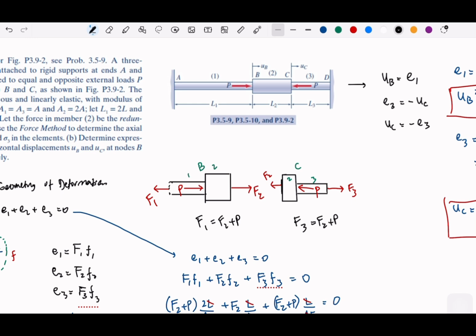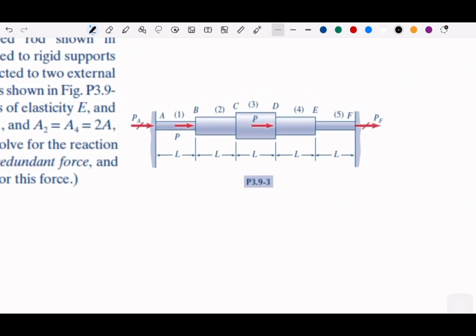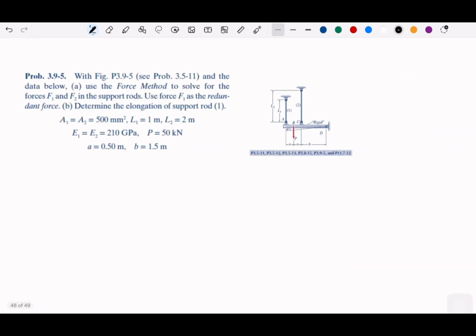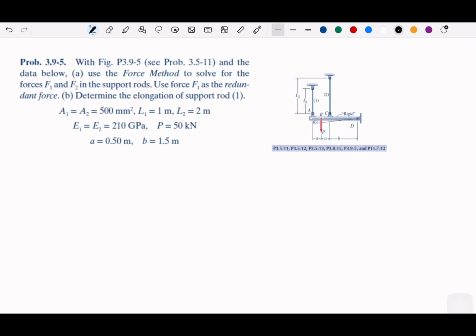Okay, like for example, here we have 5 elements with the same length for each element. So we have 5 elongations. Okay? So we have E1, E2, E3, E4, E5, and we can add all of them equals 0. So the principle is the same. The difficulty is just it will take more time because we have many joints. But it will be very similar to the previous one. I think this one is similar to the previous 2 questions.